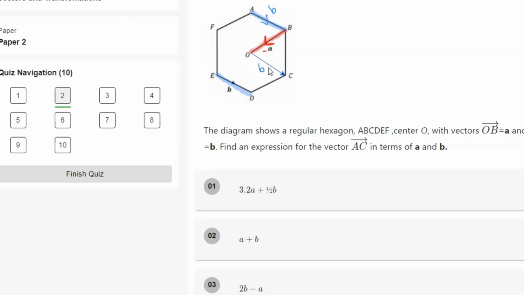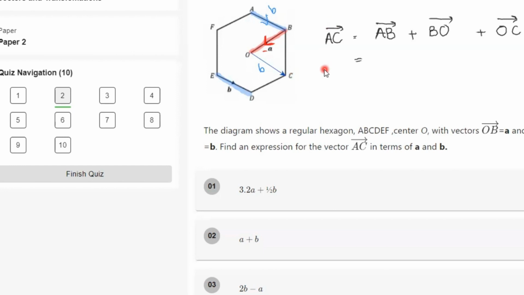So to sum it all up, to get my vector AC, I'm taking my vector AB, adding on my vector BO, and then adding on my vector OC. So the path that I'm choosing to take for this example is AB, then BO, and then from O to C to get my vector AC.